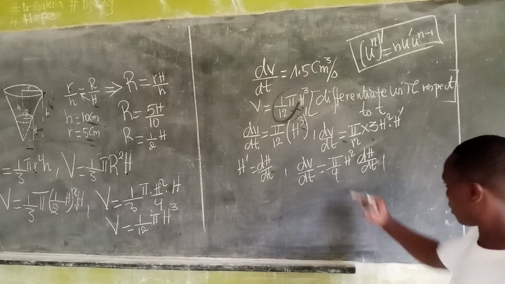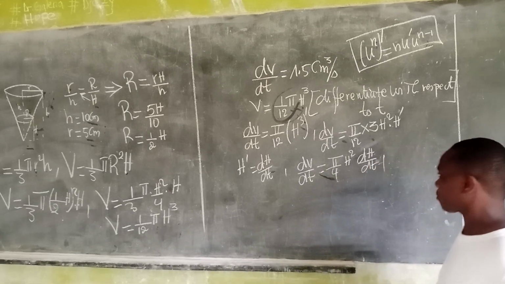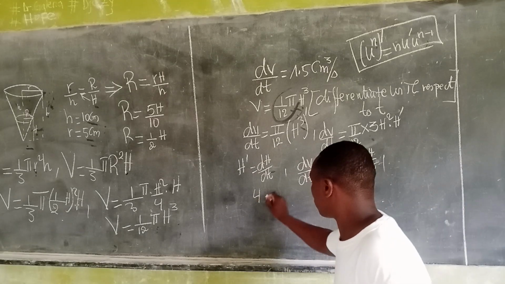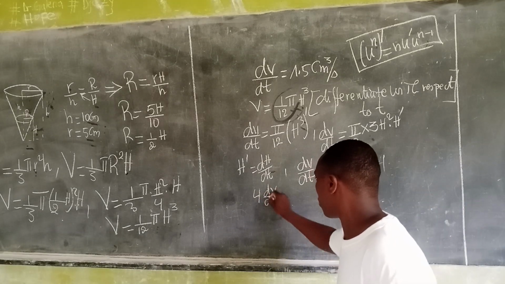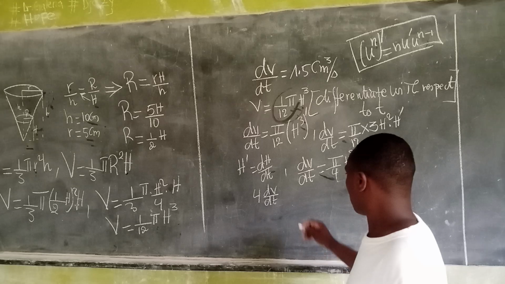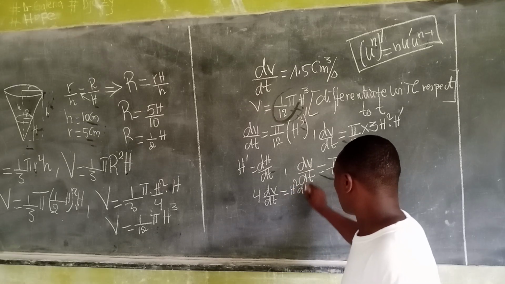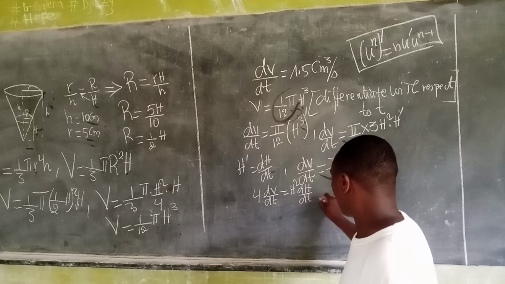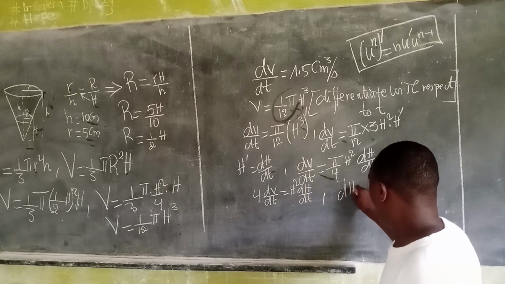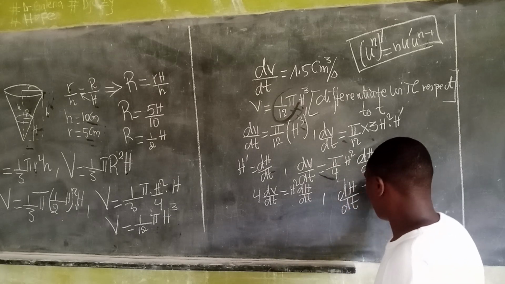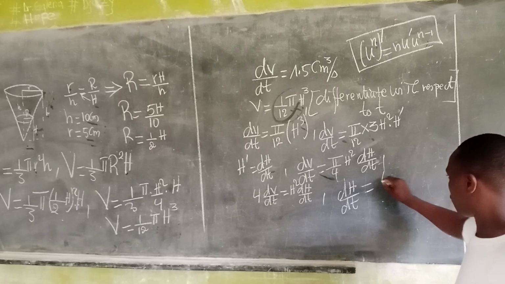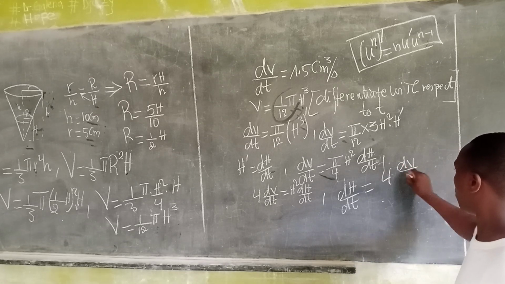From here, cross multiplying, we have 4 times dV/dt equal to pi h squared dh/dt.